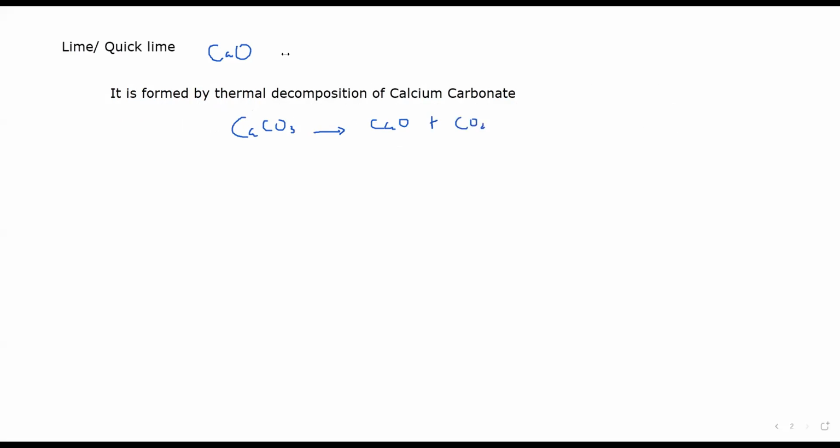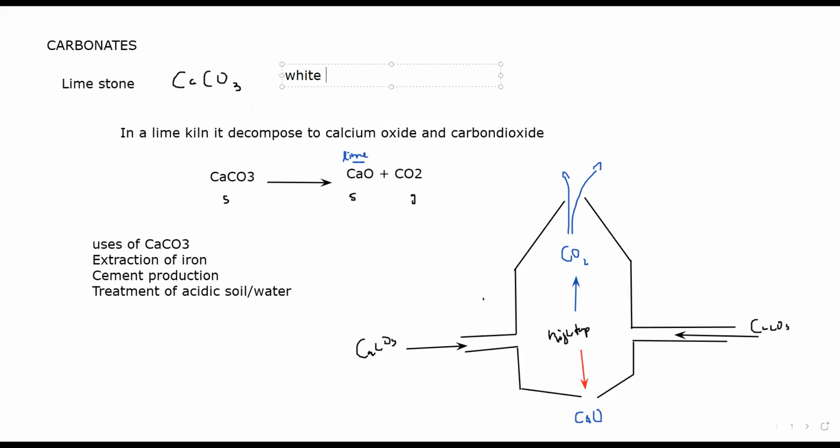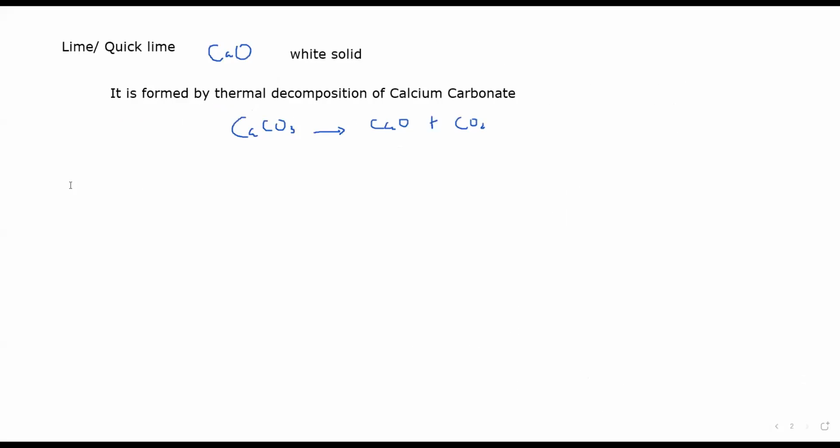Appearance, what is the appearance? It is a white solid. Calcium oxide, calcium carbonate is also a white solid, because group 1, 2, and 3 compounds are white solids. What are the uses?